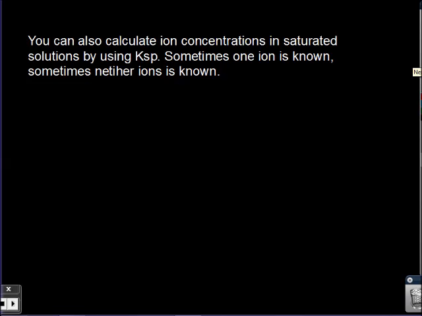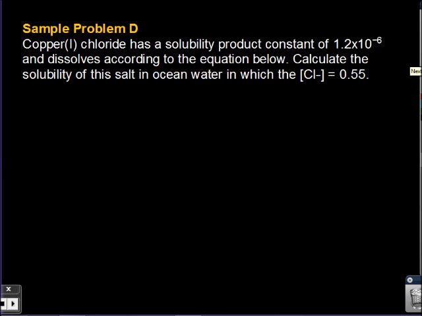We'll do a couple more practice problems in class, but we can also go backwards with our equations. Sometimes we know what the KSP is, but we want to know what the ion concentration is. Or sometimes we know one ion, but not the other one. So we may have to go backwards with this. I can do this backwards if I have copper chloride, and this is my solid, and it goes to Cu plus and Cl minus, aqueous.